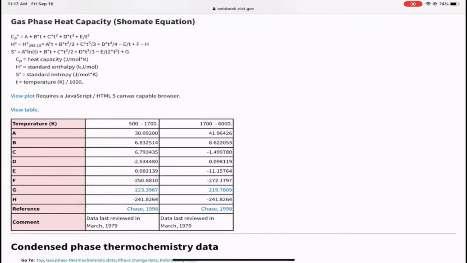And you'll also notice that water, for example, has 2 temperature ranges. So when we're solving problems, if you're going to use NIST for some of the higher temperature stuff, you'll have to take that into consideration, where your initial guess for a temperature might be 1000 Kelvin, but your answer is 2300 Kelvin.